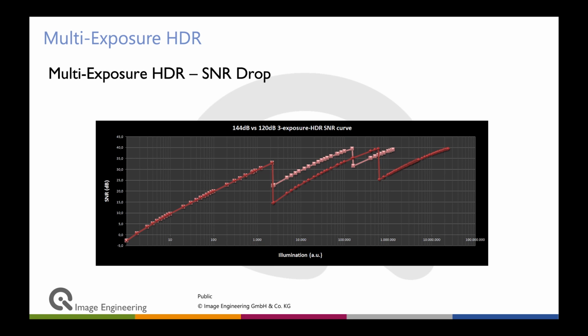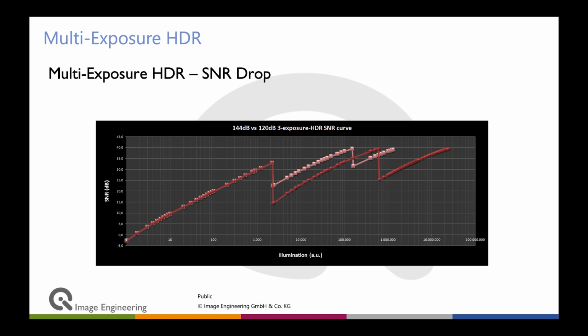So what is the problem here? In automotive, very often you have multi-exposure HDR. Basically you combine multiple exposures into a single image, and for this image you then want to define the dynamic range. What you see here is two different configurations of the same sensor with different dynamic range configurations.